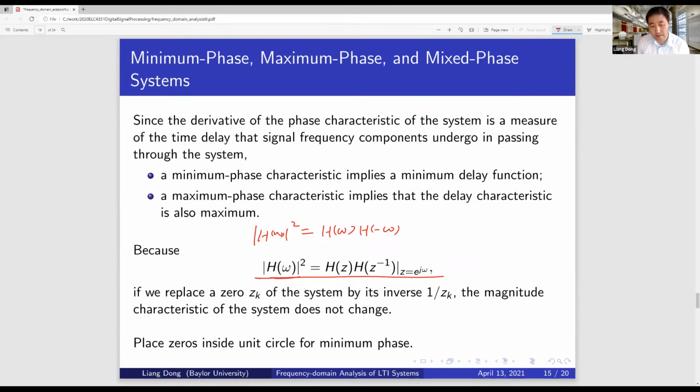So if we replace the zero of the system by its inverse, 1 over z sub k, the magnitude characteristic of the system does not change. So place zeros inside the unit circle for minimum phase. So we always want to place the zeros inside the unit circle.